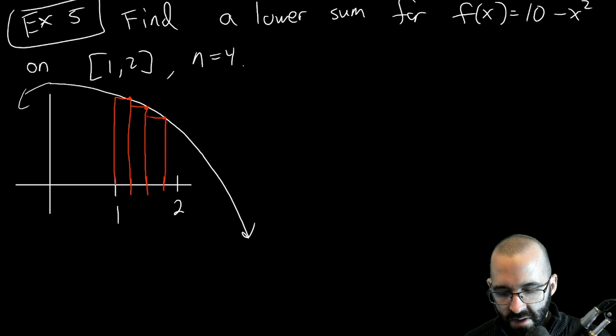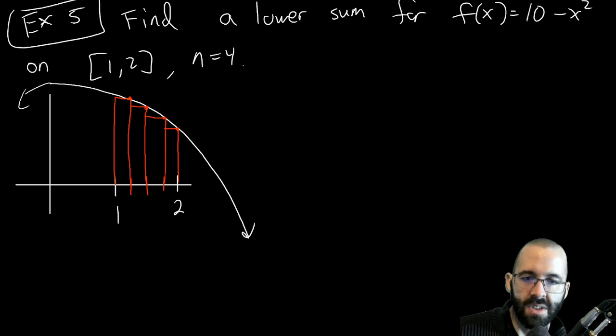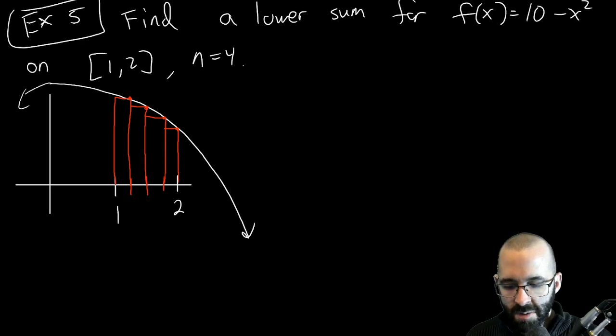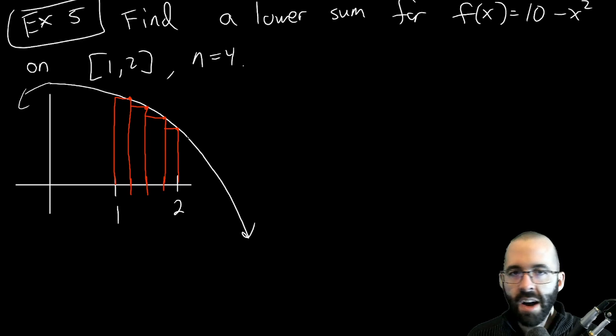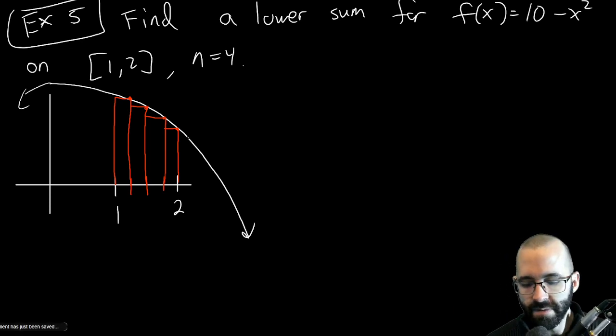And because this function is only decreasing, the function's only going down, it's always going to be on the right. If it was switching between going up and going down, then some of them would be on the right, some of them would be on the left. Remember, lower sum just means that all of these rectangles have to be under the graph. If you draw anything that goes over the graph, it's not a lower sum anymore.